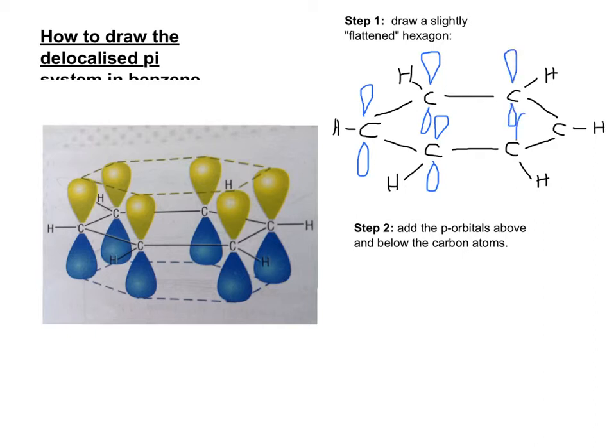So you can see why we've made a flattened hexagon. It's to make room for the orbitals. The final step is to delocalize them by drawing dotted lines between them. That shows that they're delocalized and overlapped and connected.